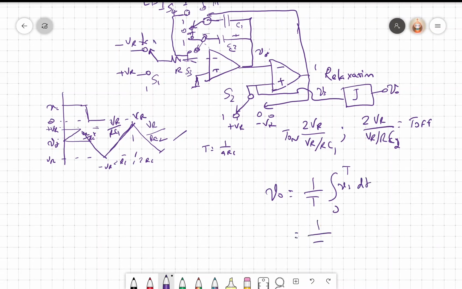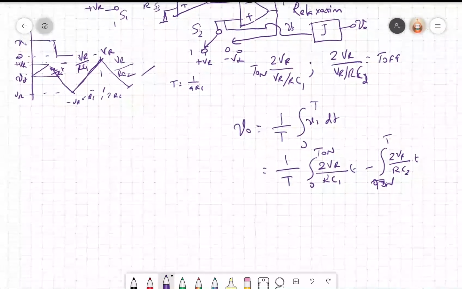So this is 1 by T integral 0 to T on, it would be VR by RC1 into T, minus T on to T, because this is on time plus 1, this is minus 1, minus VR by RC2 into T, right?